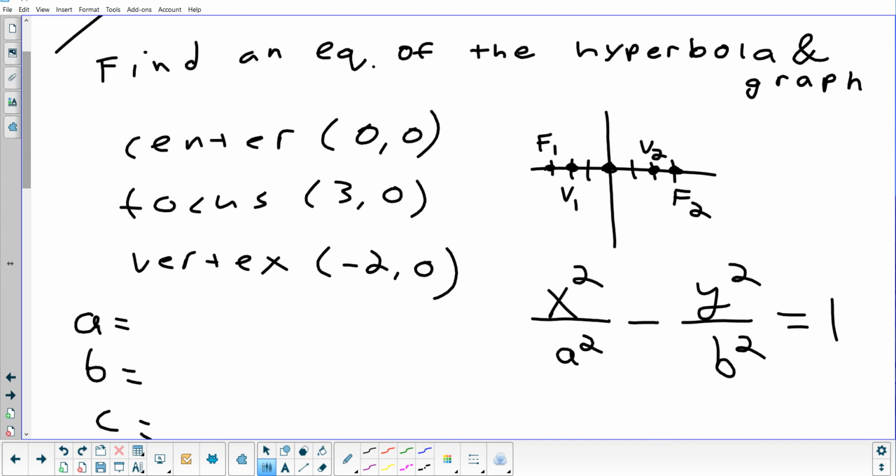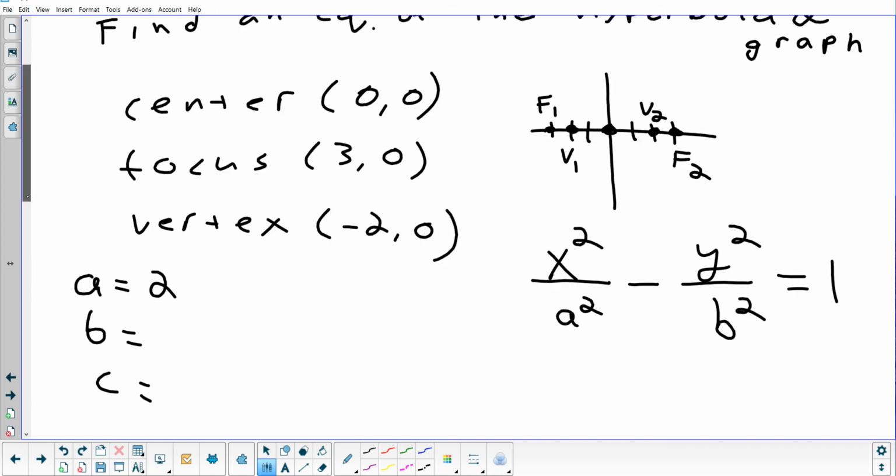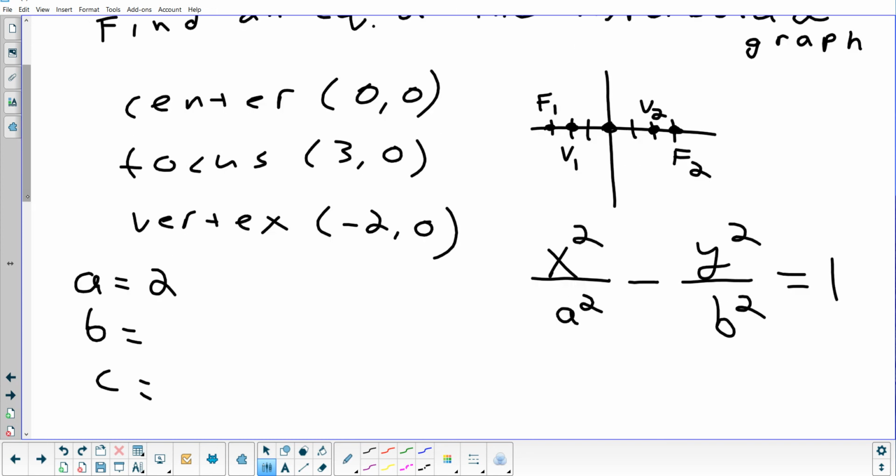Okay. So now a is the distance between the center and the vertex. What's a? 2. b we're not going to be able to get without a formula, but c we can. c is the distance from the center to the focus. 3. And what's the formula that connects a, b, and c? a squared plus b squared equals c squared. So fill that in and solve for b.